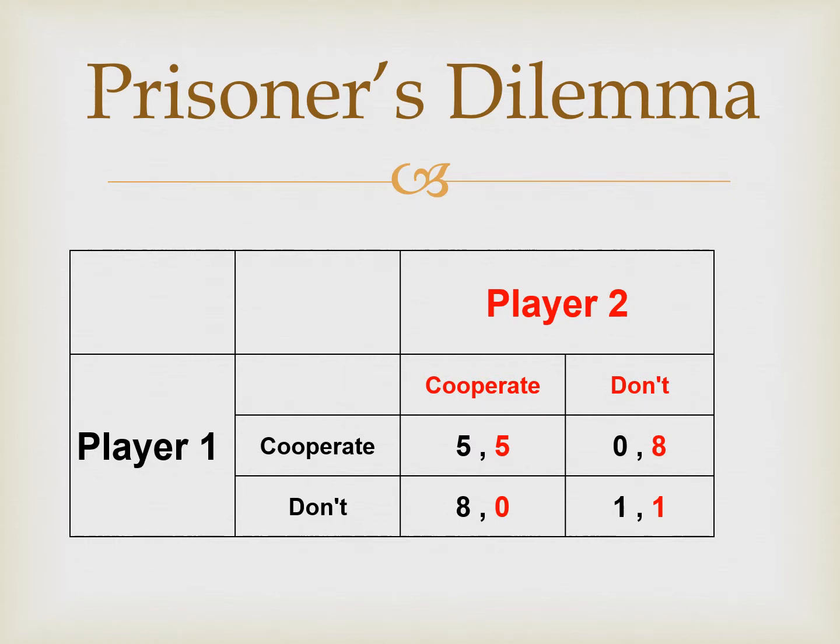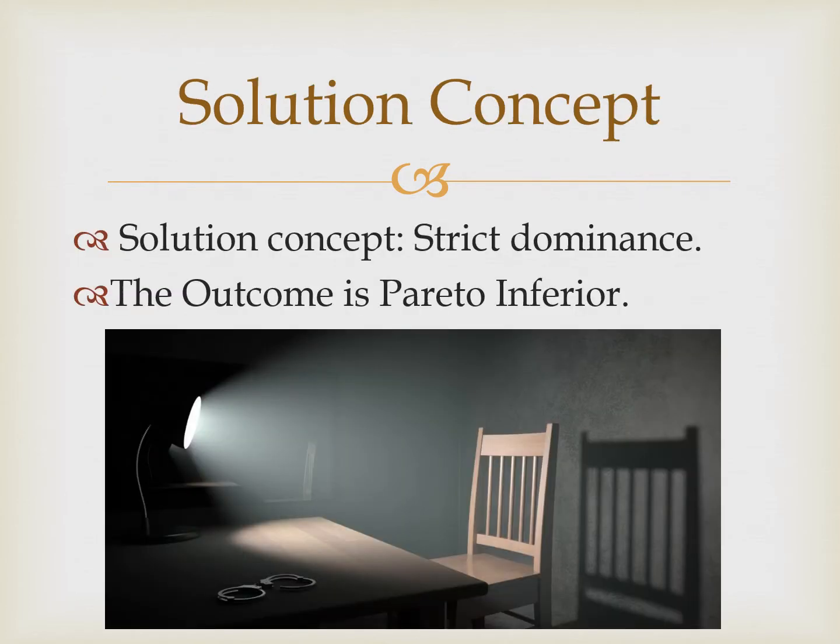Why is the dominant strategy Pareto inferior? Well, we get this outcome because both people act independently, simultaneously, and they do what's in their own best interest, even though it leads to an outcome that overall makes things worse off.